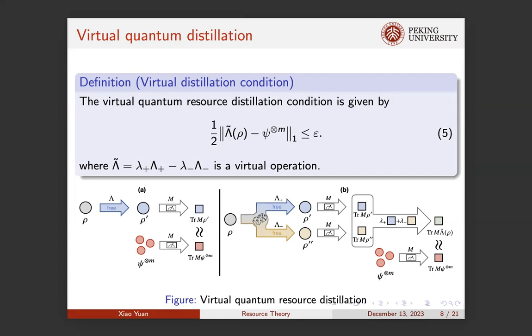Here the figure indicates that we directly measure the state, but actually you can manipulate the state further. You can have some ancillary qubits and make some joint operation. It's fine. So it still works for that more general scenario. Thanks.